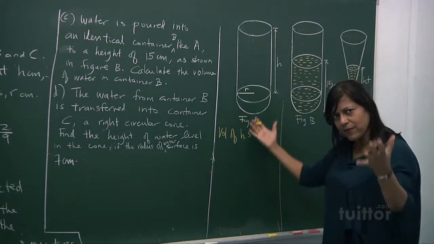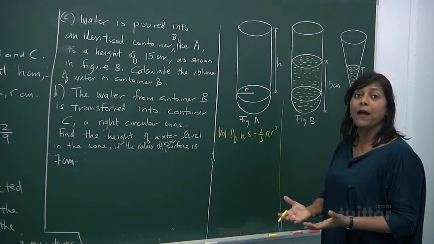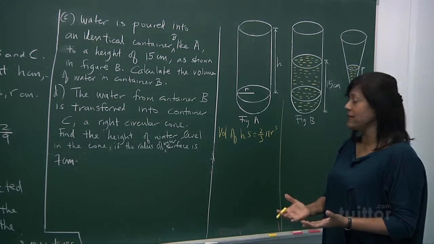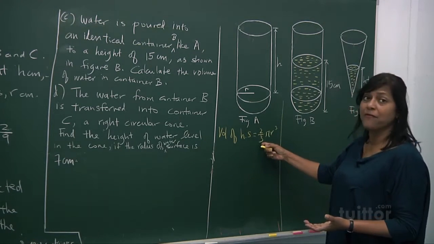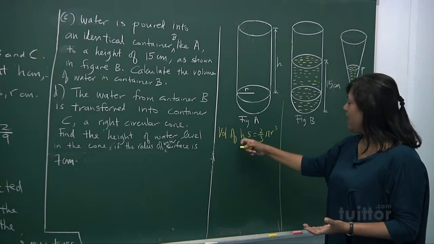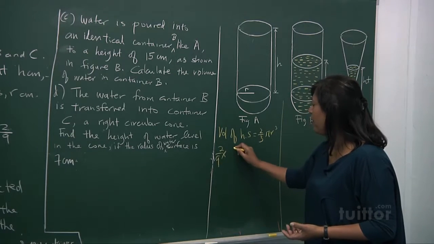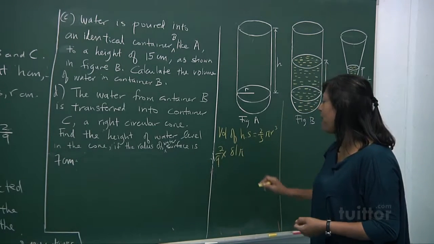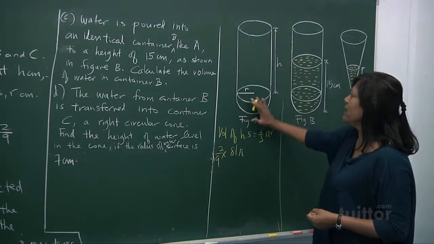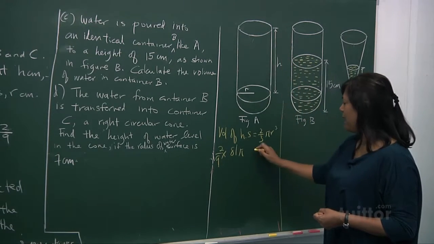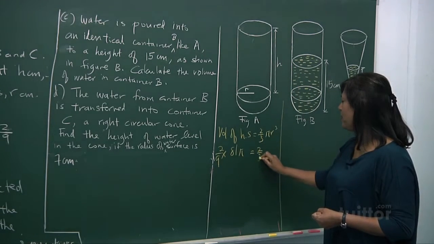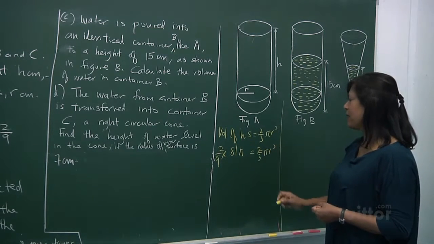A whole sphere is 4/3 pi r cube; here it is 2/3, half of 4/3. And this hemisphere is 2/9 of the total volume of 81 pi, which equals 2/3 pi r cube.